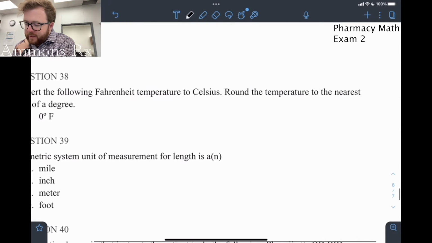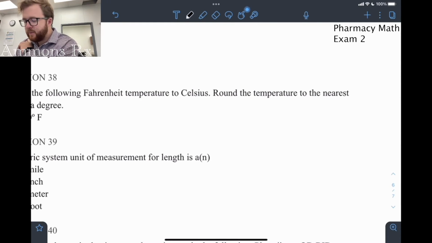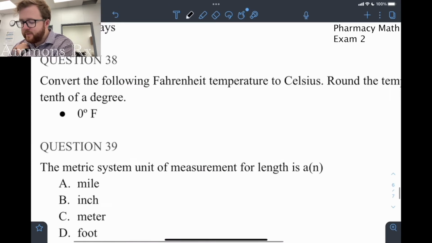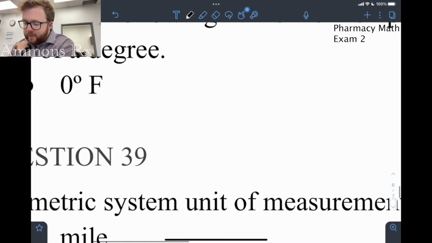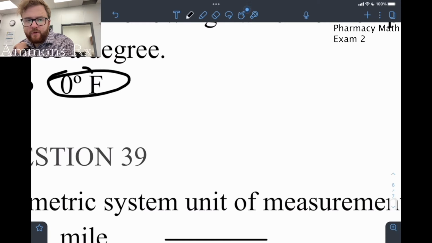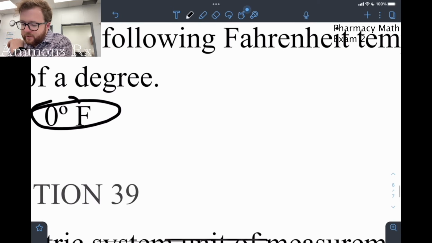Convert the following Fahrenheit temperature to Celsius. Round the temperature to the nearest tenth of a degree. So some of you might just say, oh, well, that's 32. Well, you have flipped your sign. So make sure that you understand that 0 degrees Fahrenheit is different than 0 degrees Celsius.